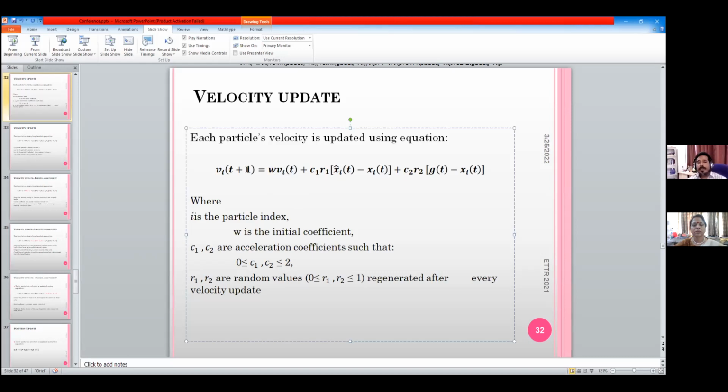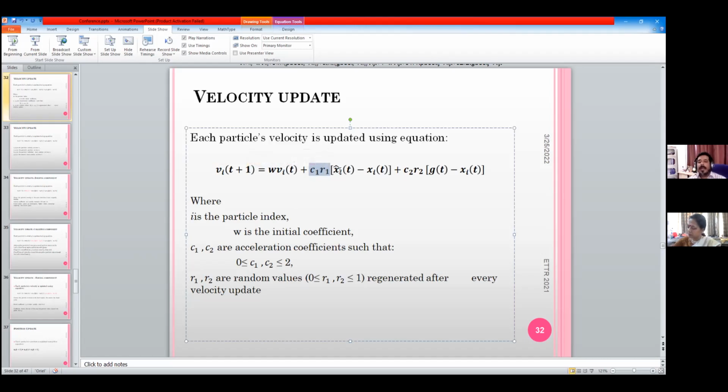So in the (t+1)th iteration, we consider the velocity of the tth iteration, plus c1 into r1 into (x_i cap^t minus x_i^t). Now what is c1? C1 is called the acceleration coefficient, and its value generally lies between 0 and 2. R1 is a random number taken between 0 and 1.